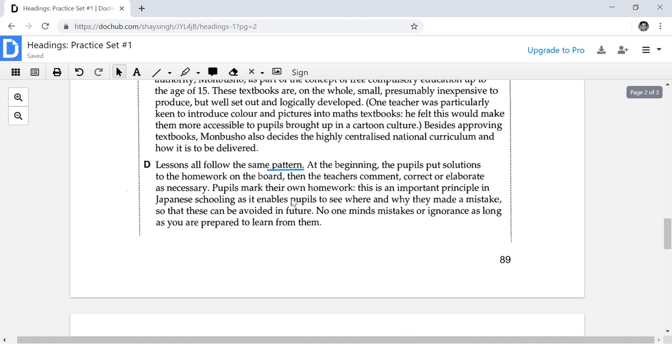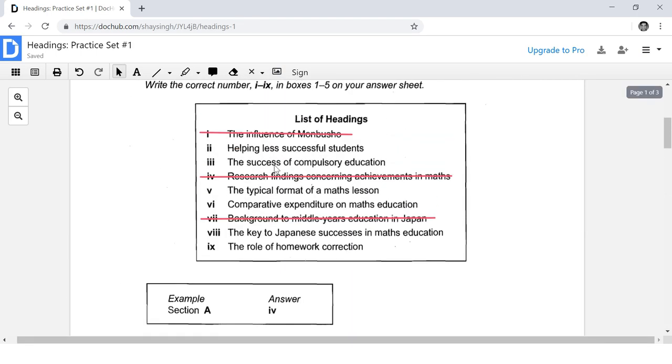So even though I don't see the word math over here, I know that that has to be the correct answer because there's nothing else that talks about the pattern or the structure or the format. This is the only answer choice that talks about it. So I know that this is the correct answer choice even though I do not see the word math in the first sentence.